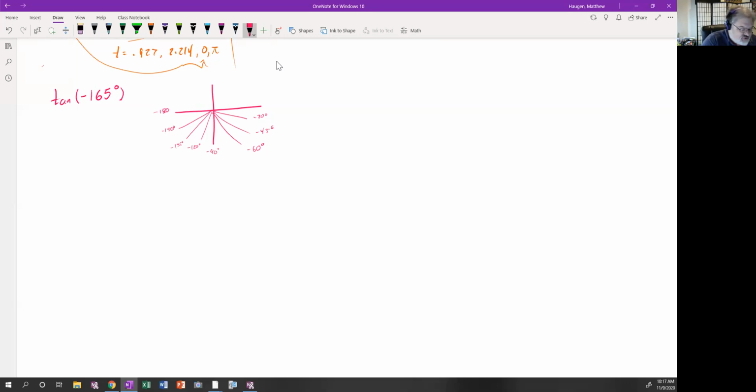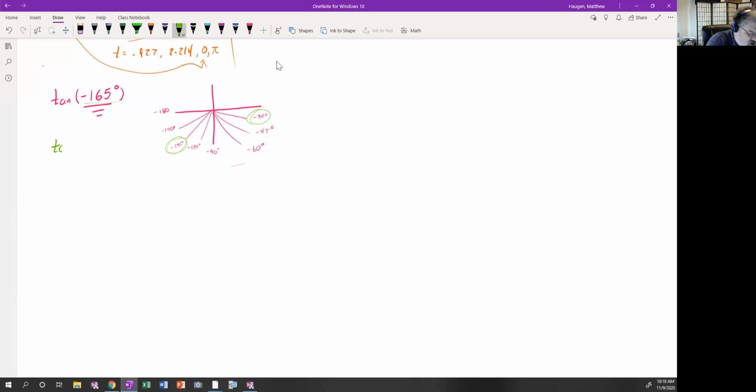Anyway, our plan would be to find some standard angles that we know that we could add or subtract together to make 165. If you look at our diagram down here of standard angles, if we take that negative 135 and subtract 30, we can put together a negative 165.